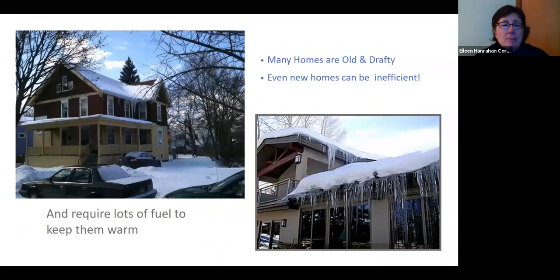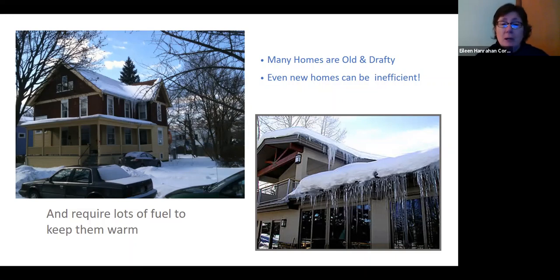So most homes in New York State are older homes, but there are newer homes as well. And in both cases, you're going to find some energy inefficiency. For example, in the older home on the left, you see some icicles, and in the newer home on the right, you also see icicles.